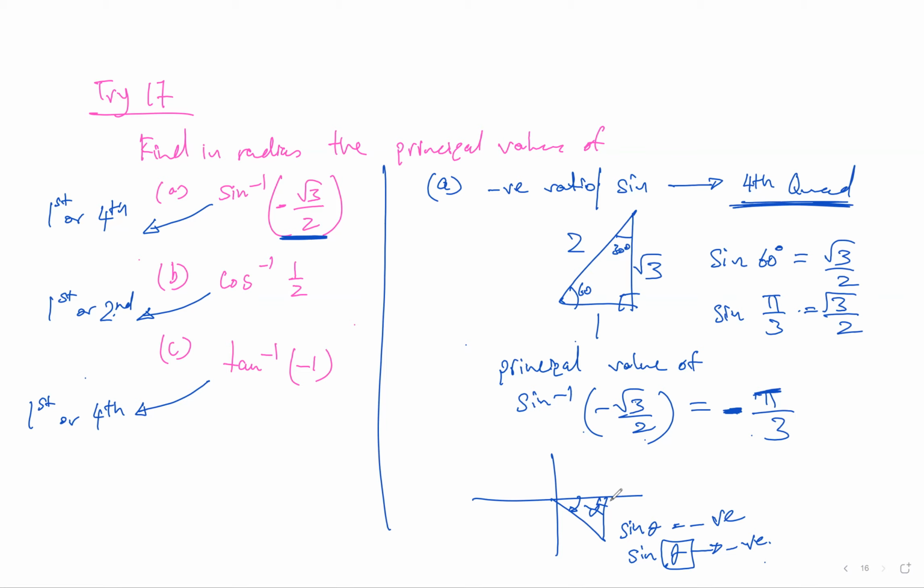You need some time to think through this. We'll just do another example: cosine inverse of negative half. Since this is half, it's a positive ratio, so it should be in the first quadrant.